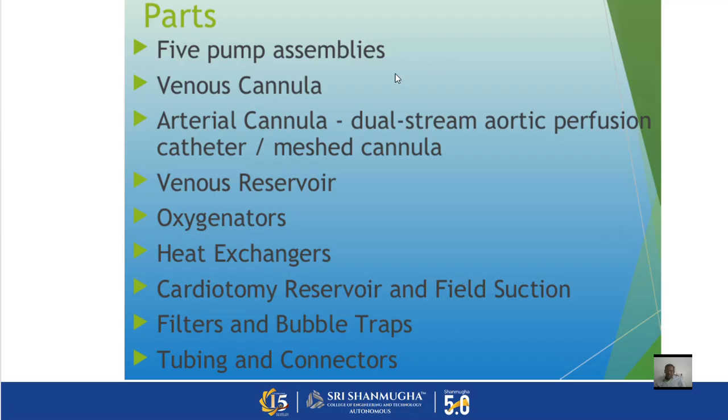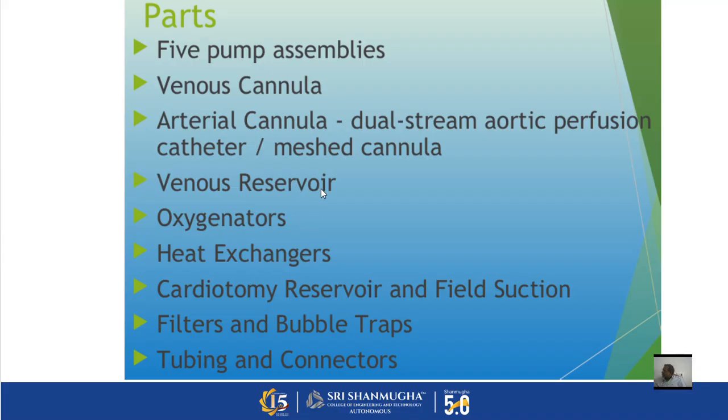So: pump assemblies, venous cannula, arterial cannula, catheter, meshed cannula. These are some of the parts. Then the venous reservoir. What is the use of the venous reservoir? The blood is collected in the reservoir. Using the extracorporeal circuit, the blood going to the heart is disconnected and collected in the venous reservoir.